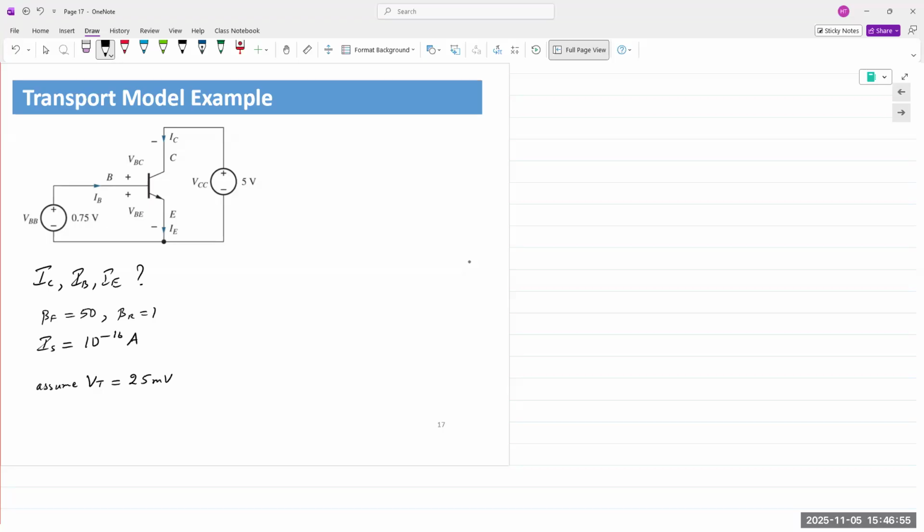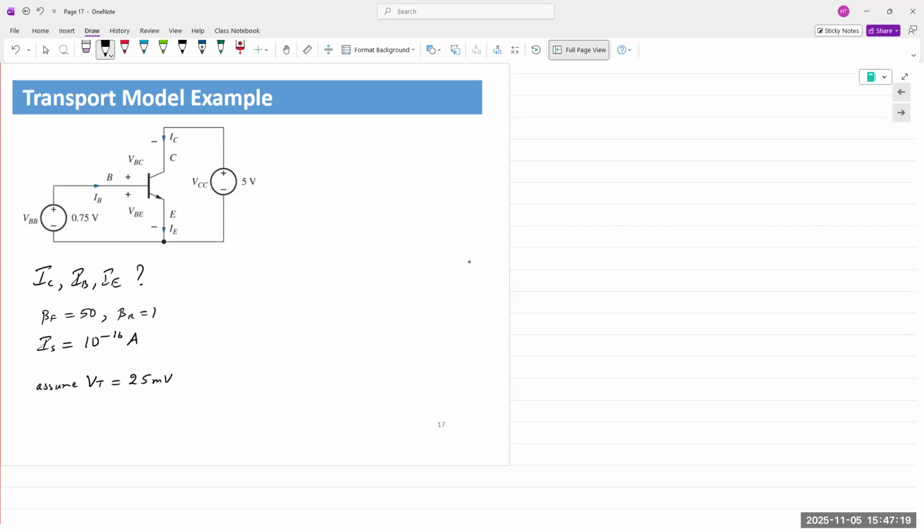So if you're applying VBB as 0.75, then in this circuit, what is VBE? 0.75. That's it. That's the answer.